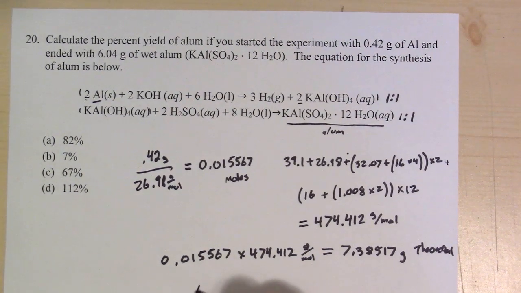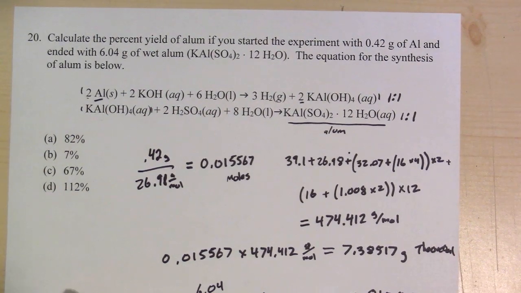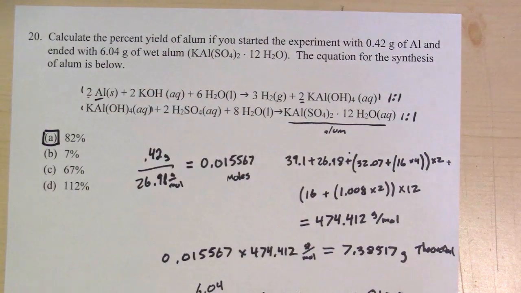So the actual yield over the theoretical yield will give us the percent yield. So 6.04 divided by 7.38517 is equal to 0.8178. Multiply that by 100 will give us 81.78%. So if we round that, that'll give us 82, which matches with answer choice A there.